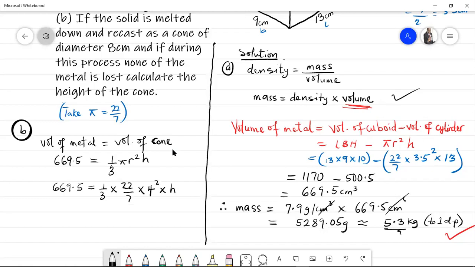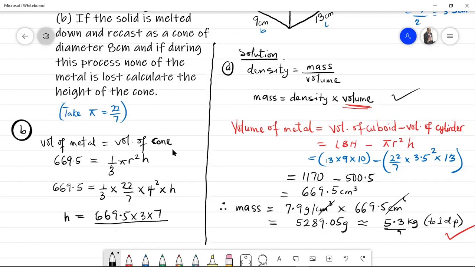With proper calculations, you are going to have that height to give you a very unique answer. So please perform that calculation and see what you get for the value of h. Definitely, we're going to be expecting h, after making the height the subject, to be equal to 669.5 times 3 times 7. I'm sure you understand what I'm doing here. Just like cross multiplying and multiplying out.